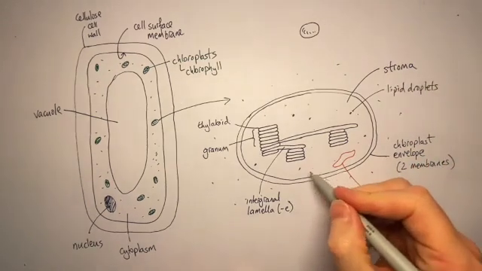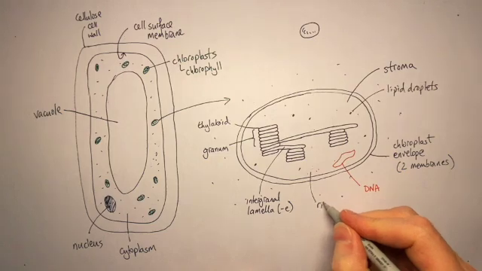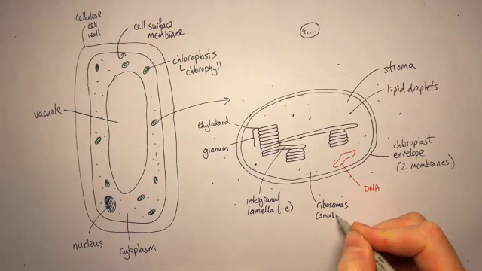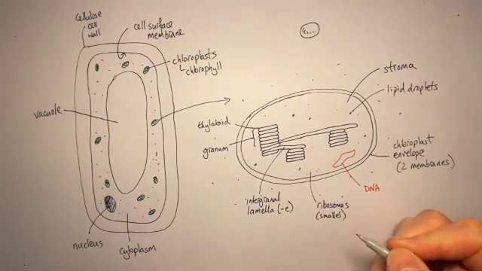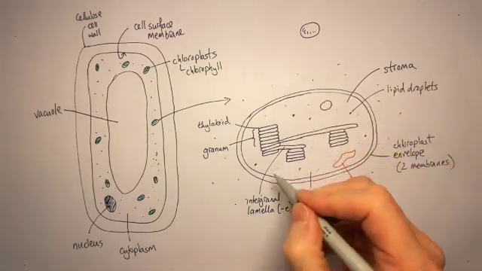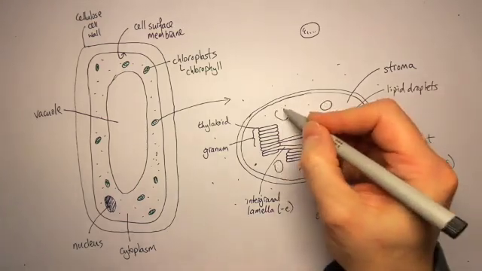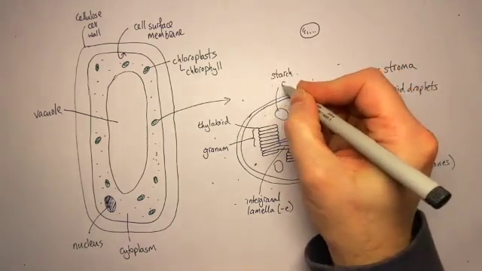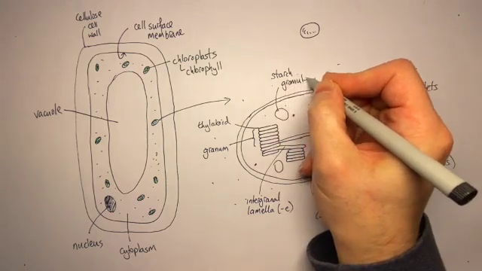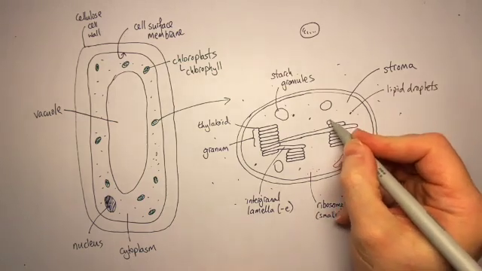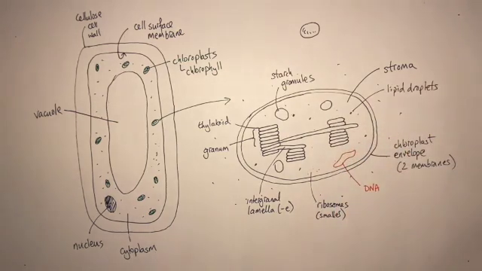We have some ribosomes, and these are smaller than ribosomes that are found in the rest of the plant cell. And then we'll also have some, usually some large starch granules. Okay. And I'll stick another couple of thylakoids on the top of that granum to make it look more like what we would expect.